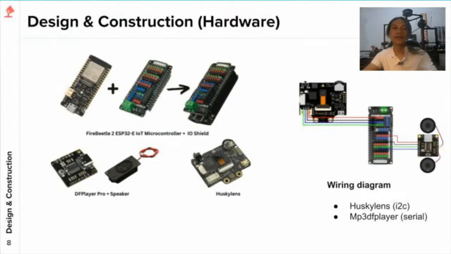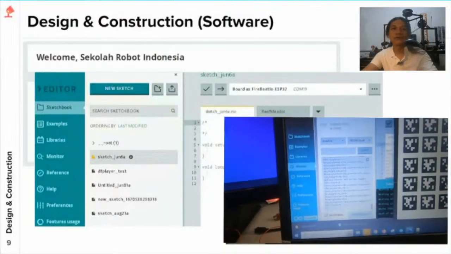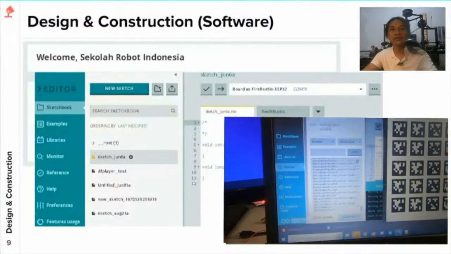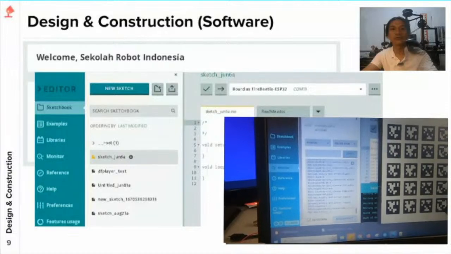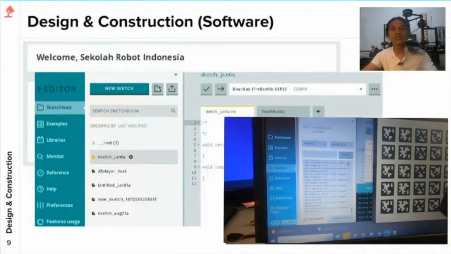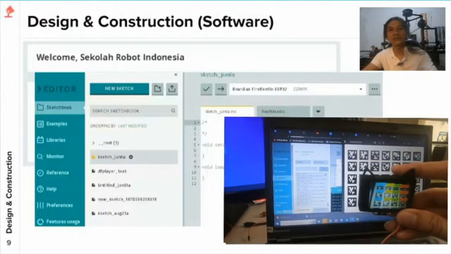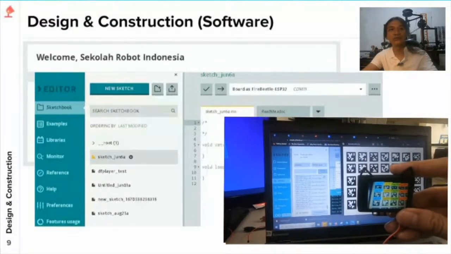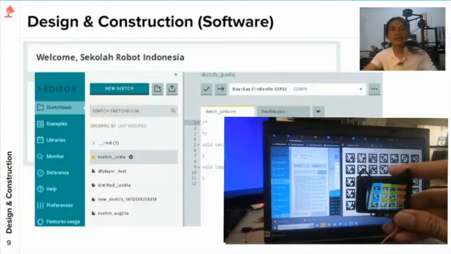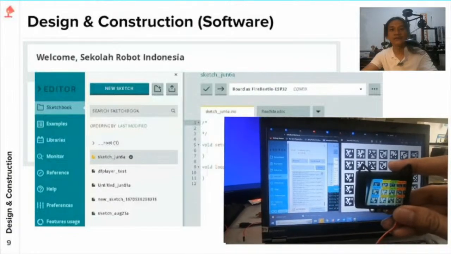For wiring, HuskyLens connects to the ESP32 with I2C communication, and the DFPlayer Pro connects to the ESP32 with serial communication. For all programming, I use Arduino Cloud, so it is easy to use, and Arduino Cloud is compatible with any board you use and already has all the libraries you need.